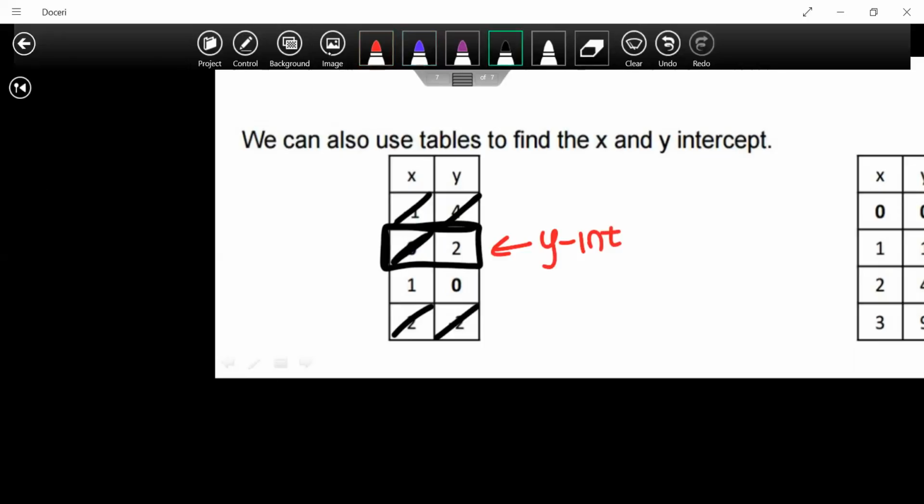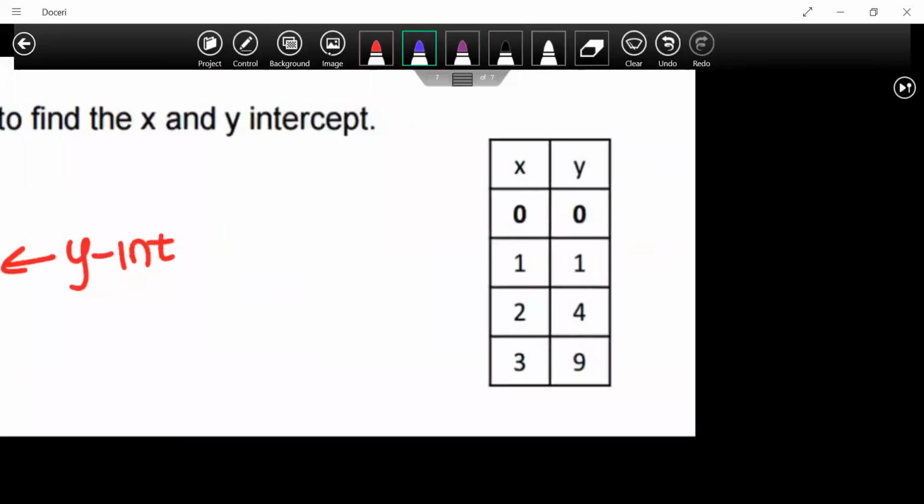What happened to our X's? Our Y now is 0. That leaves me with an X coordinate point, which would be considered an X-intercept. For it to be an X or Y-intercept, one of them has to be a 0. The top 2 I cross out because they don't even have 0. For the first one here, we have 0, 2. We don't care about the 0, so cross that one out.